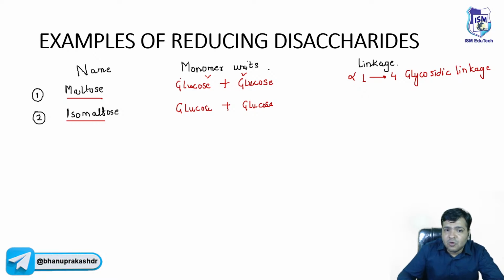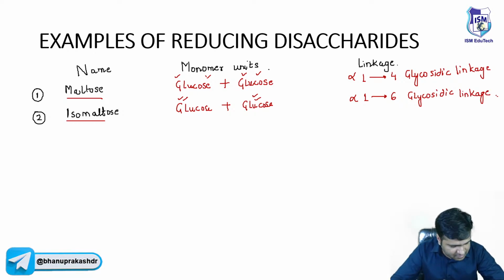In maltose, glucose first carbon links to glucose fourth carbon. But here, glucose first carbon atom will link to glucose sixth carbon atom. So it is alpha 1 to 6 glycosidic linkage.